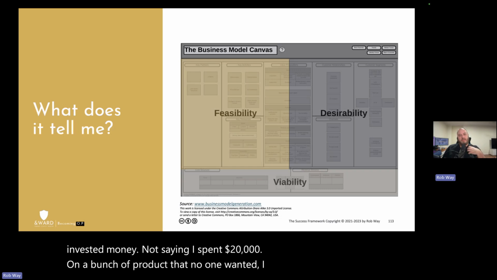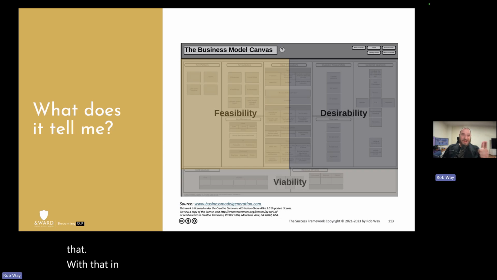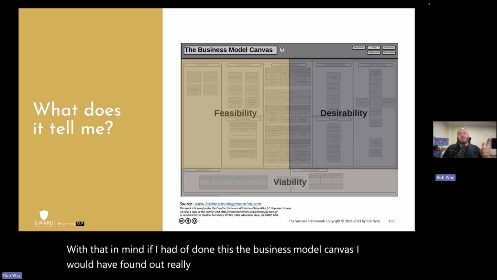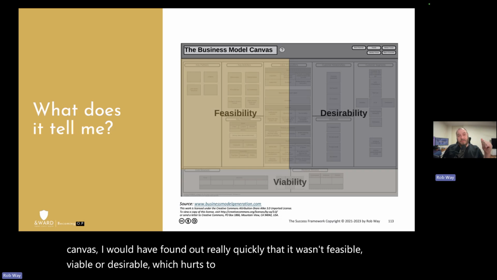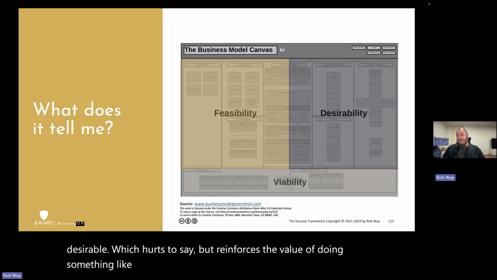I definitely didn't do that. With that in mind, if I had have done this, just this, the business model canvas, I would have found out really quickly that it wasn't feasible, viable, or desirable, which hurts to say, but reinforces the value of doing something like this. I probably wouldn't have valued it as much if I didn't spend 20 grand on a crap product.